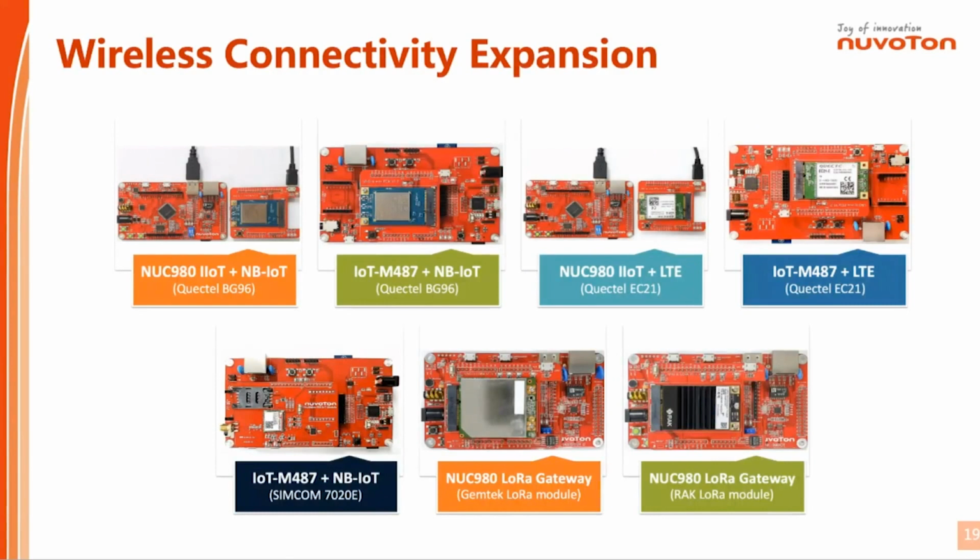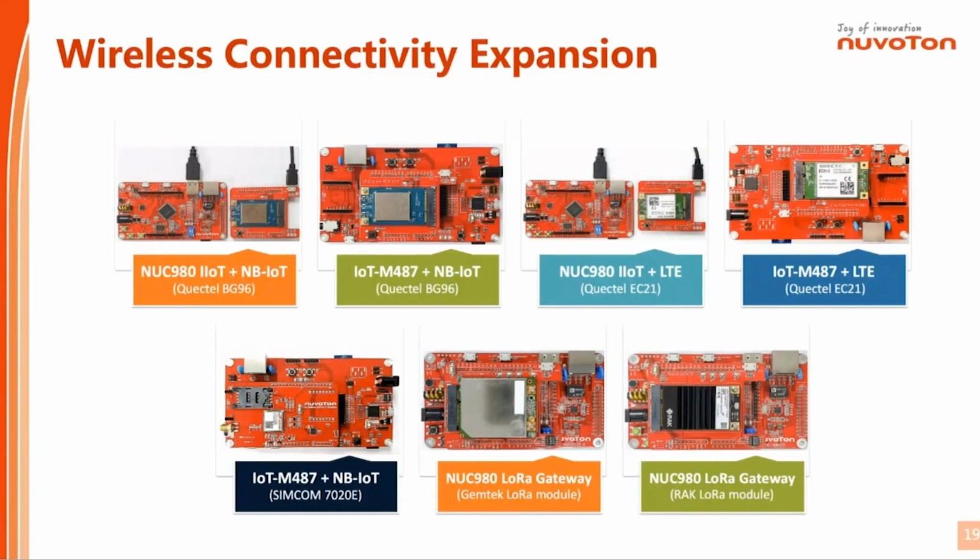Using this adapter board, several combinations are listed here. The NuMaker NUC980 board is connected to the adapter board via USB. Then it has the NB-IoT or LTE connection capabilities.